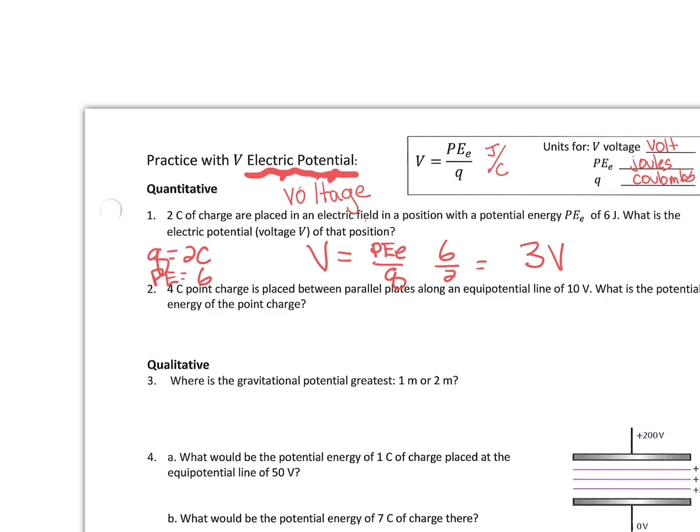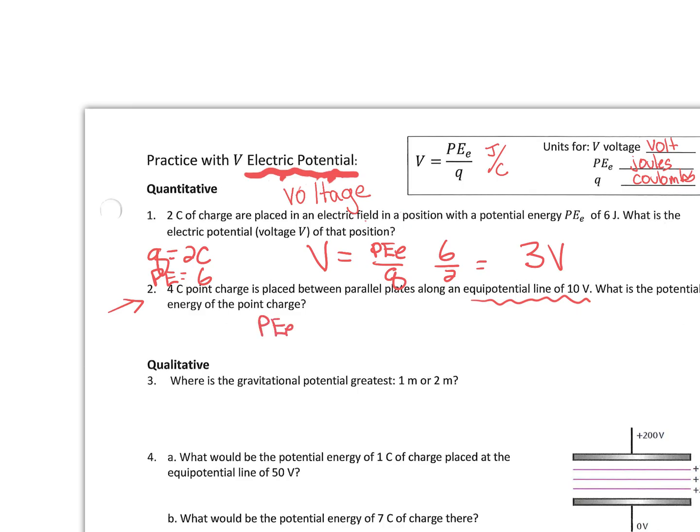A 4 coulomb charge is placed, I'm already moving to number 2, into parallel plates, and it's at the place that is 10 volts. You know what that looks like. That would be very close to the positive terminal of our electric field, because ours was 12 volts at the highest, at the positive end. So what's the potential energy? Let's rearrange our formula.